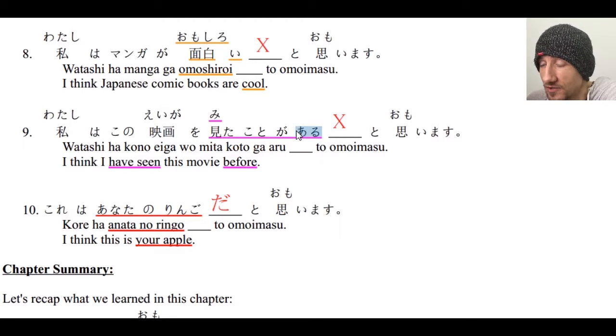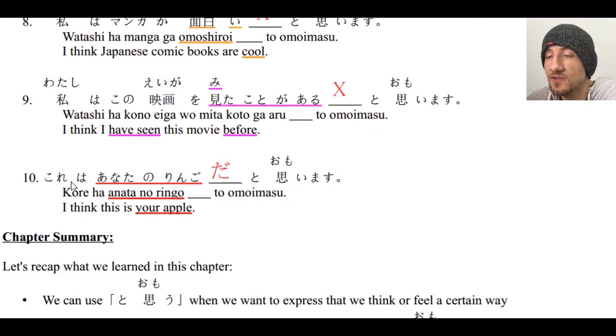Remember, ある is a verb, so we don't need da. And the last one, number 10, I think this is your apple. これはあなたのリンゴだと思います. リンゴ, あなたのリンゴ, a noun phrase, だと思います.